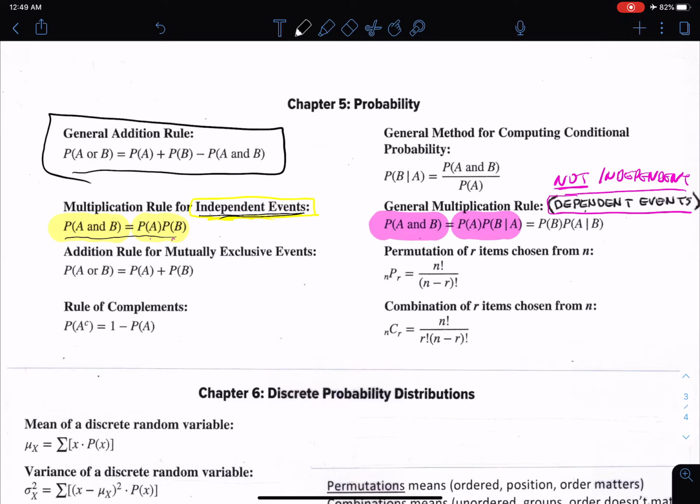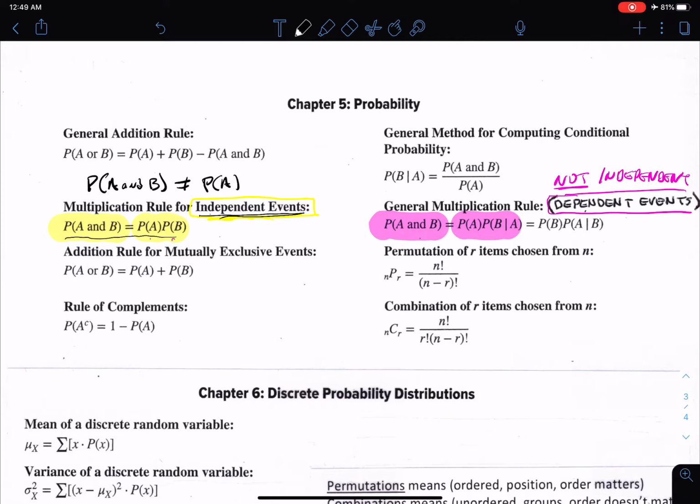On the other hand, if the probability of A and B does not equal the probability of A times the probability of B, that would prove that A and B are not independent.